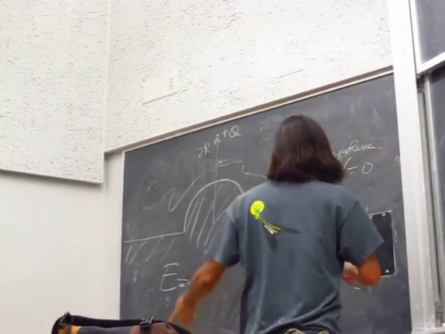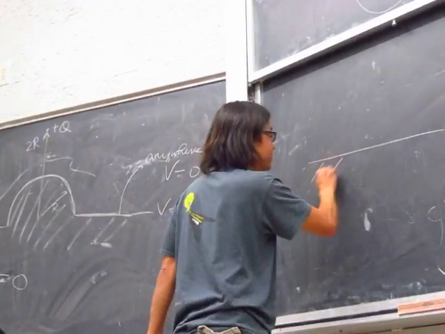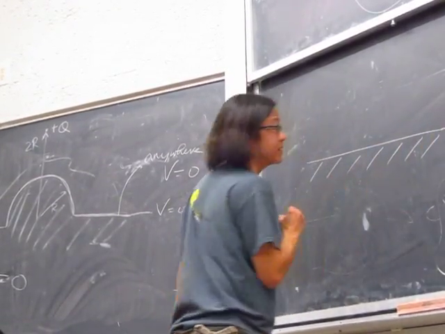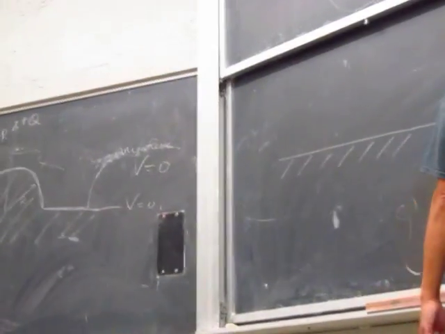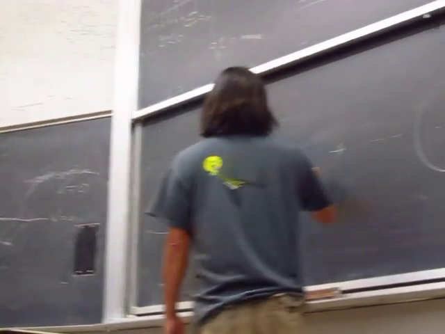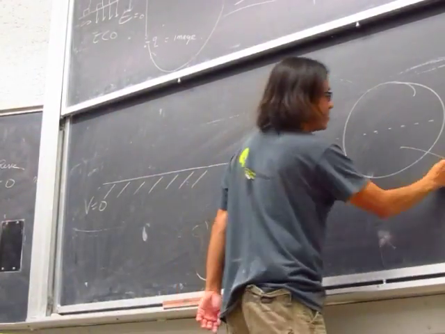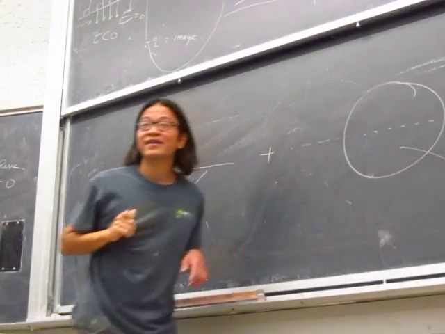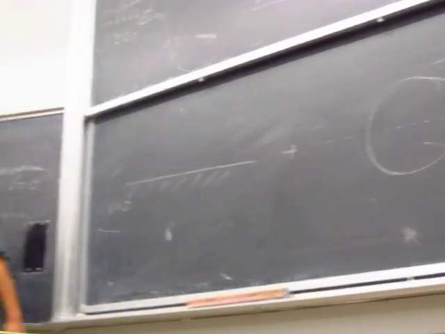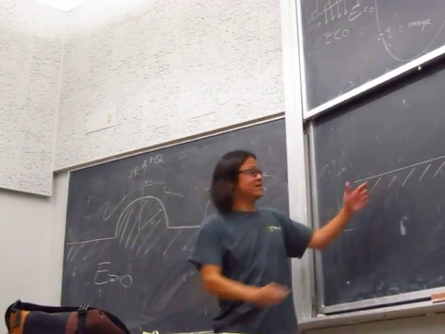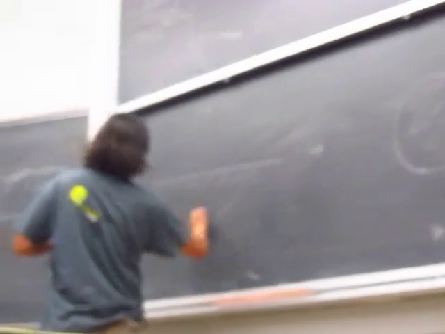That's the whole idea. So if I write that configuration as a superposition of a flat conductor plus a sphere, and set the potential of the plane equal to 0 and the potential of the sphere equal to 0, then this has to become that, because the potential is 0 everywhere.